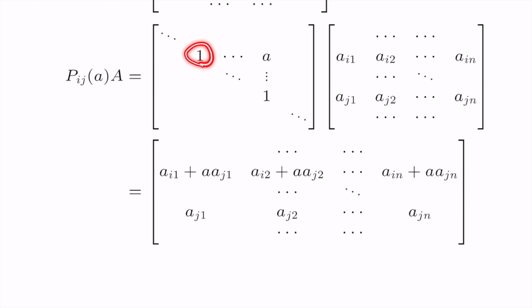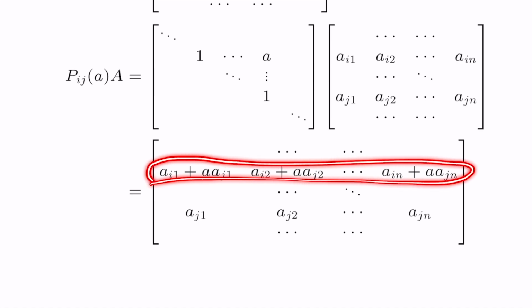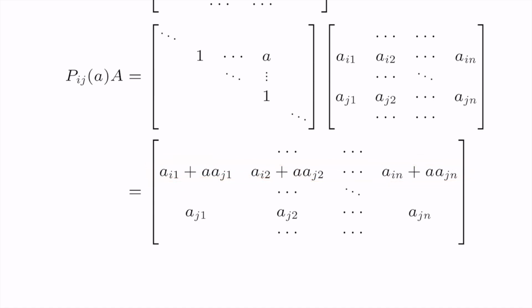And the ith element is multiplied by this, and the jth element a is multiplied by this. So we get this element. And same for here and here and here. This is how we get this result. So multiplying this matrix corresponds to this elementary row operation.